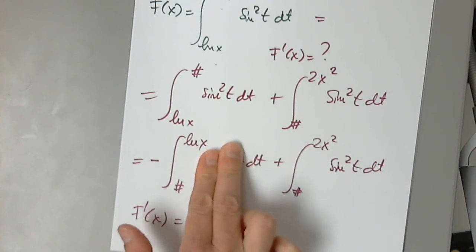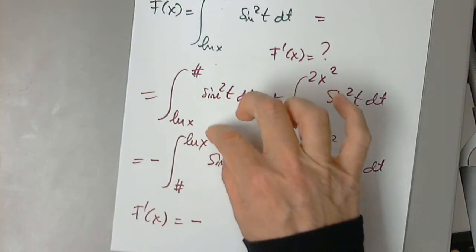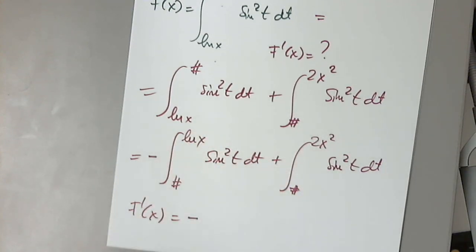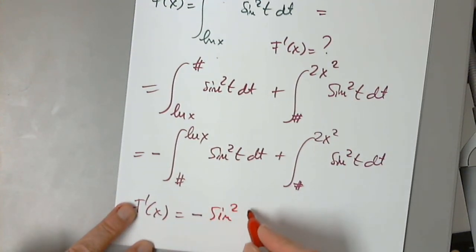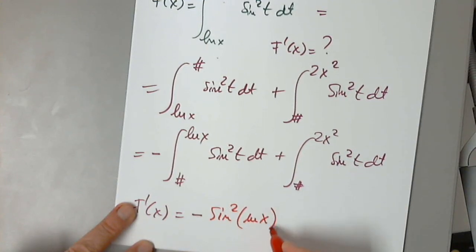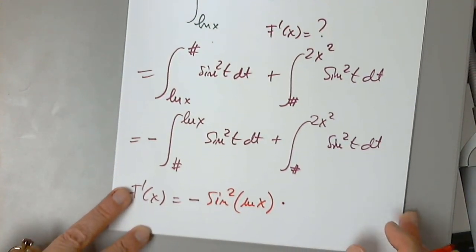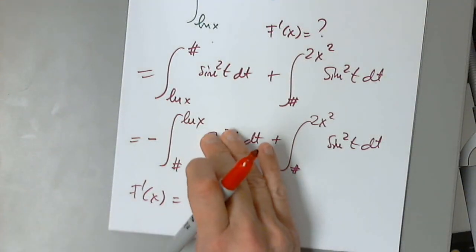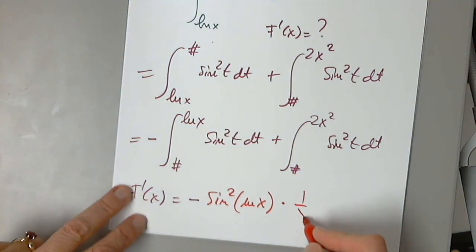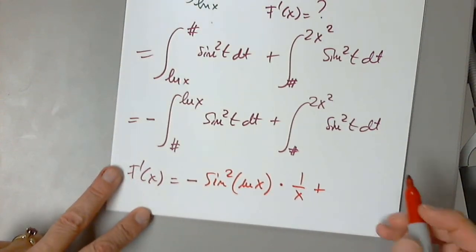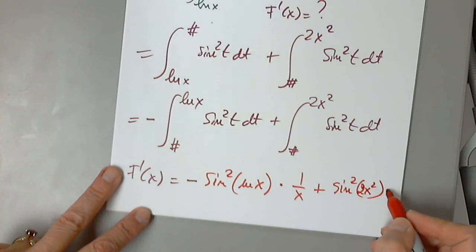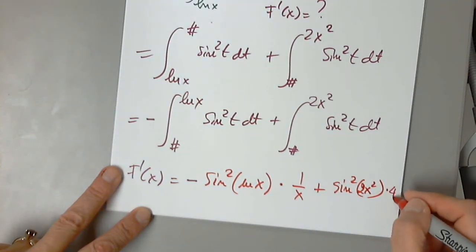Nothing changes here, except we replace t by this: sine squared of natural log x times, careful, we are not differentiating the function, times 1 over x, plus times, that's it.